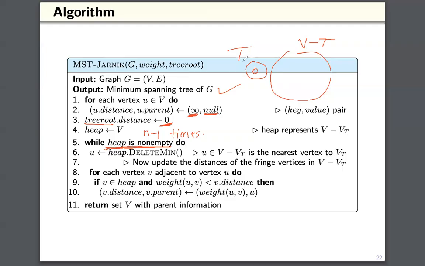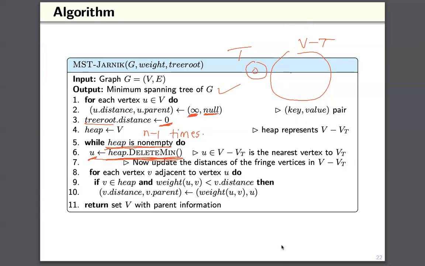Every time you pull in one vertex, you are decreasing the size of the heap. And every time you will be pulling in one vertex. Let's see. U is equal to heap dot delete min. So what will this give you? This will give you a vertex that is the nearest vertex to the tree, right?